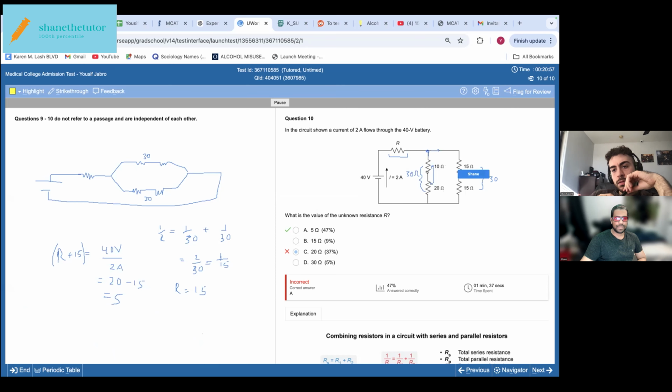And same thing with these two 15 ohm resistors, they're in series, so we could just combine them by adding them. So we also get 30 ohms as the equivalent resistance.